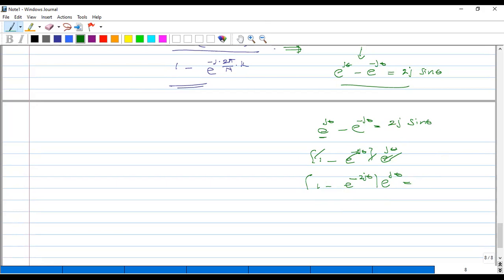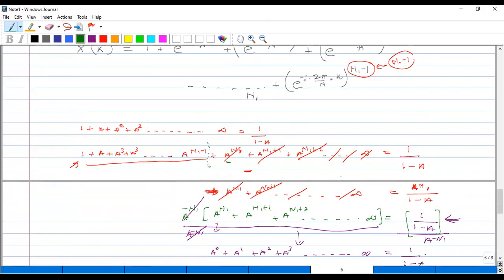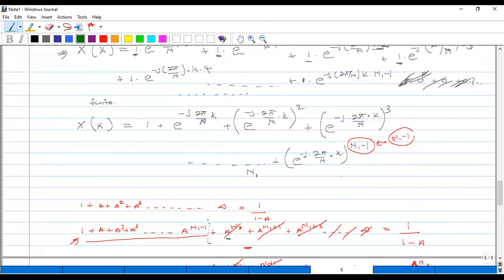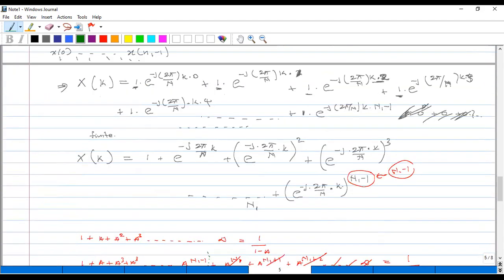And this is equal to 2j sine theta. So it is somewhat similar, no? 2j sine theta. So we will see.